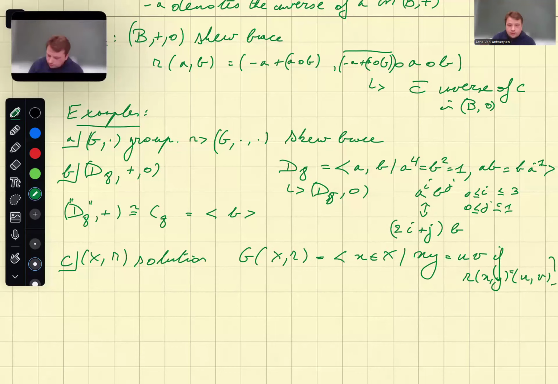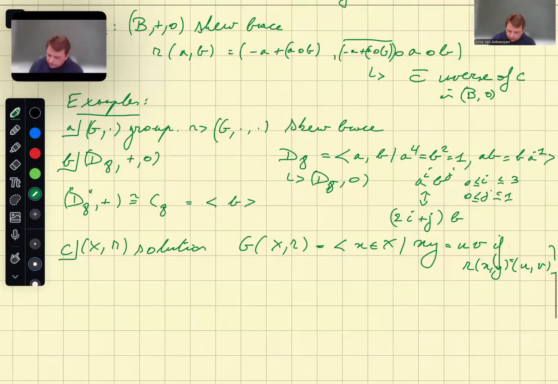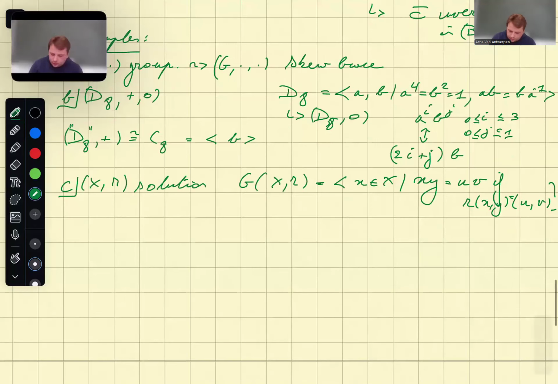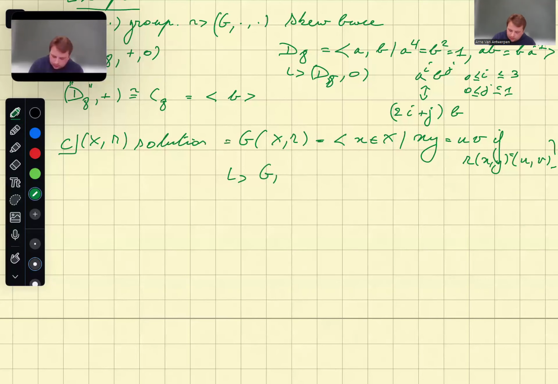So it encodes the combinatorial data of your set-theoretic solution. Let's just quickly abbreviate that by G. This will be the circle group of a particular skew brace, which some people call the structure skew brace of the solution XR.